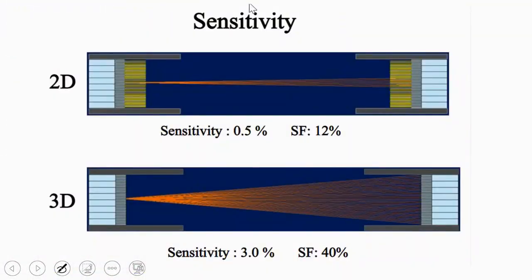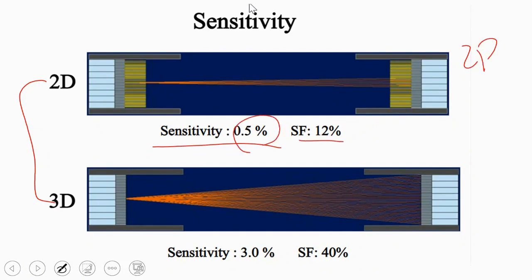We will talk about them again because I am not discussing sensitivity and reconstruction now. The sensitivity in 2D mode with the collimator, as in SPECT, is 0.5%. The scatter fraction was 12%, which is good, but the scatter fraction being low resulted in a decrease in detection.